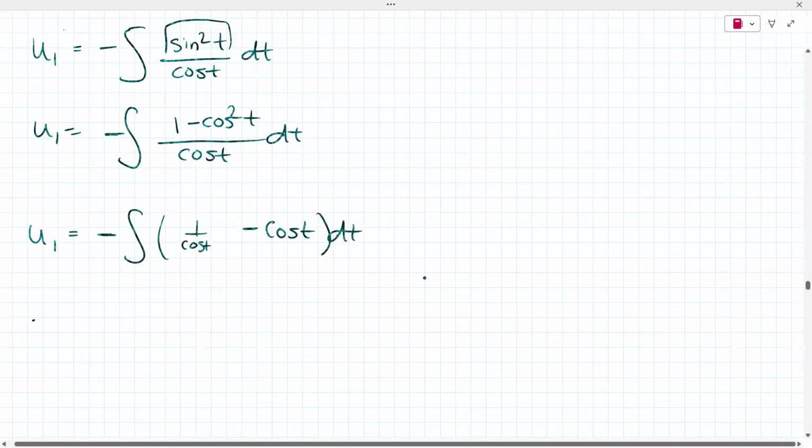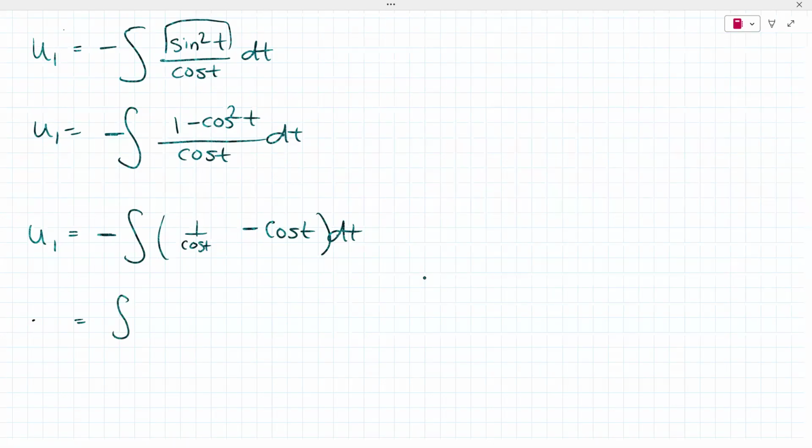And 1 over cosine of t is the same thing as secant of t, minus cosine of t, dt.